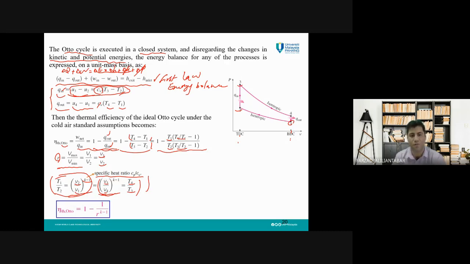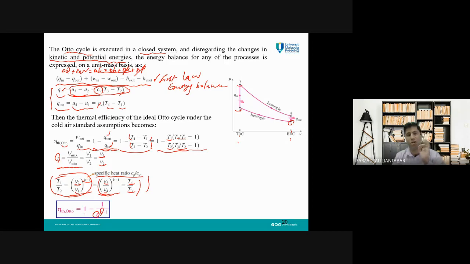What is important for us is this equation, the thermal efficiency of the Otto cycle based on the compression ratio and the specific heat ratio. This is a general and important equation, which we need to use sometimes to calculate thermal efficiency.